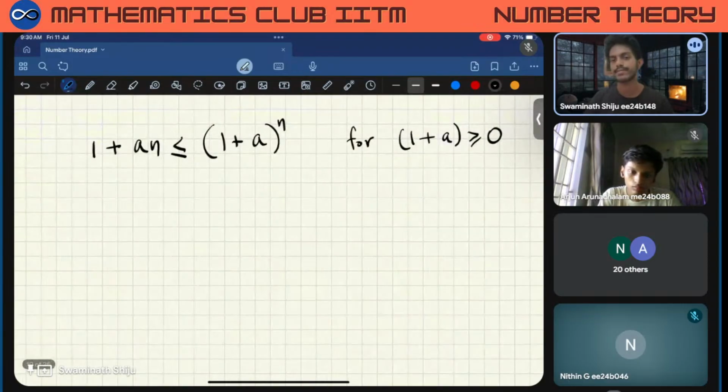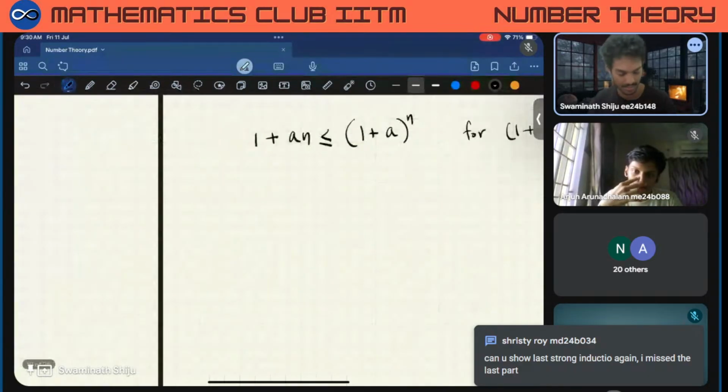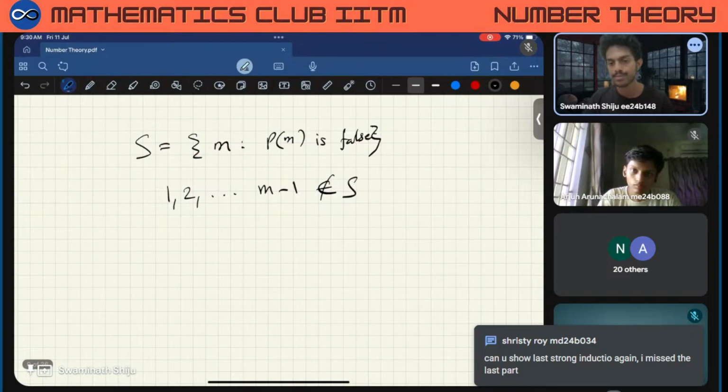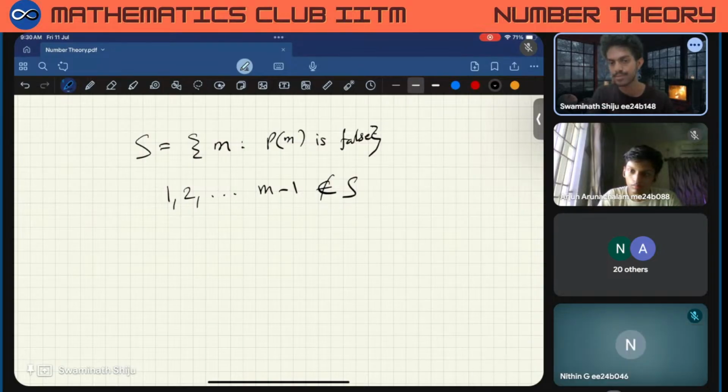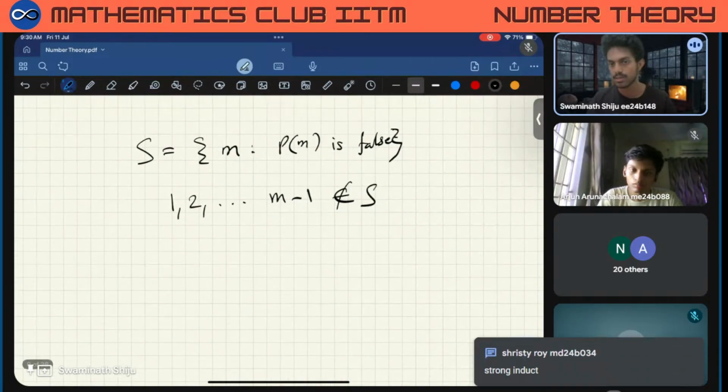If anyone wants to volunteer a stab at how to prove this. Oh, yeah, sure. Which part? The proof of strong induction.